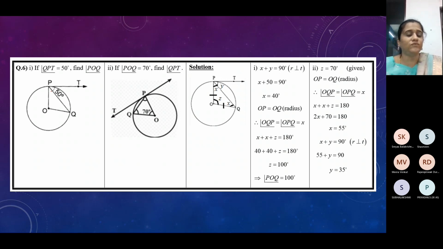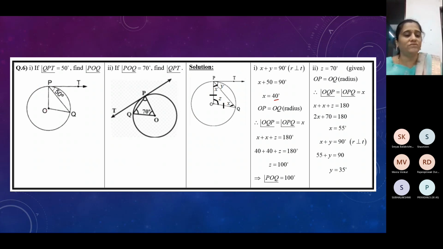So in the first figure, children, X plus Y is 90, correct? For this figure, this is X, this is Y, correct? X plus Y is 90. X we don't know, plus 50, this is 50, is 90. So X is 40, correct? X is 40.